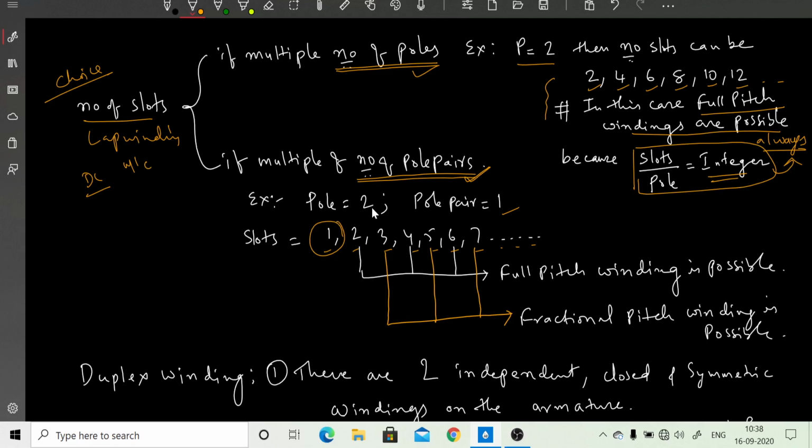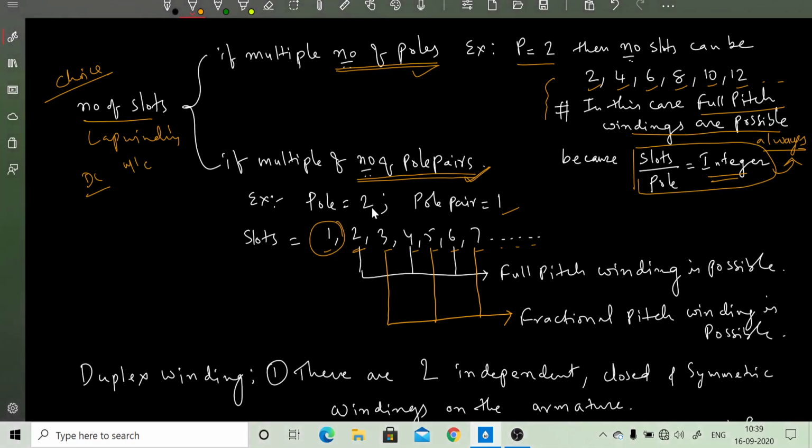So except 1 and 2, any number of slots from 3 onwards I can choose. In this type of armature, we have two categories of windings we can wind on the armature: full pitch is possible and fractional pitch is also possible.